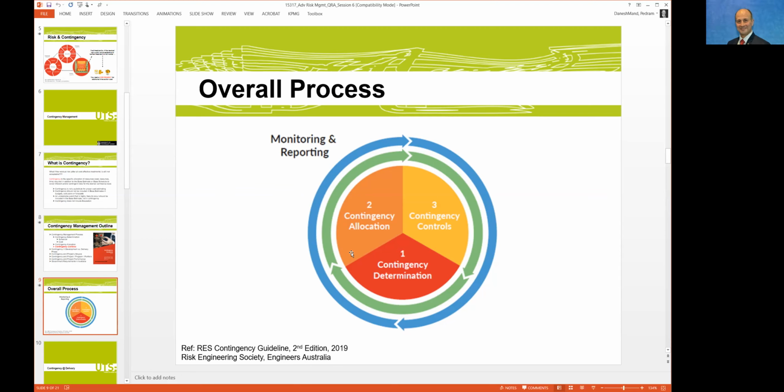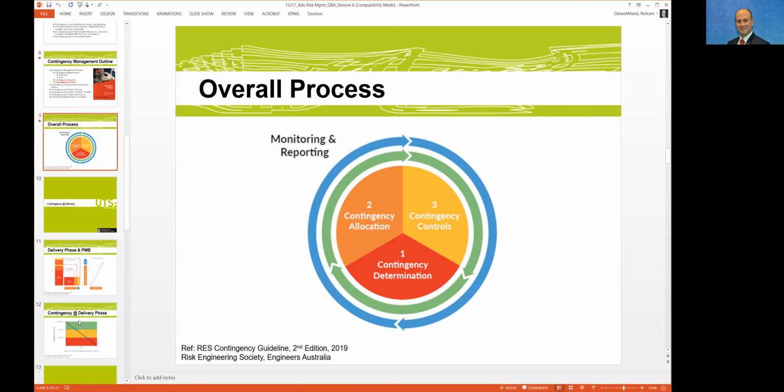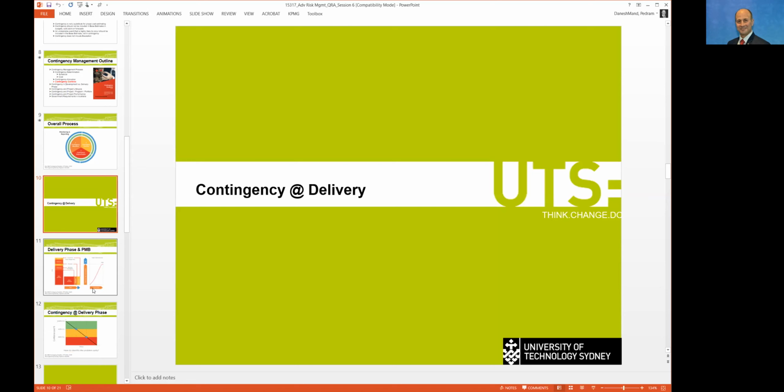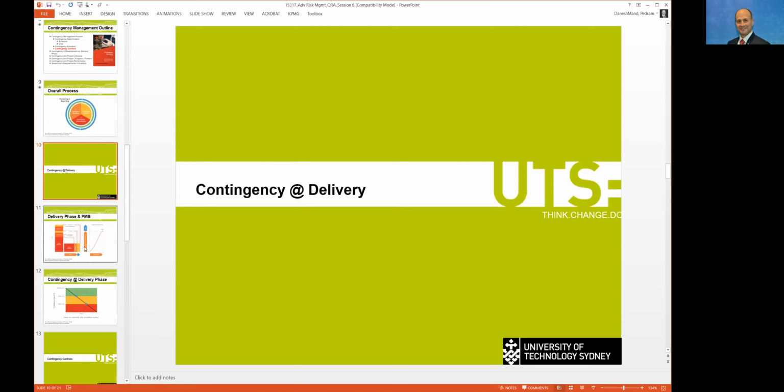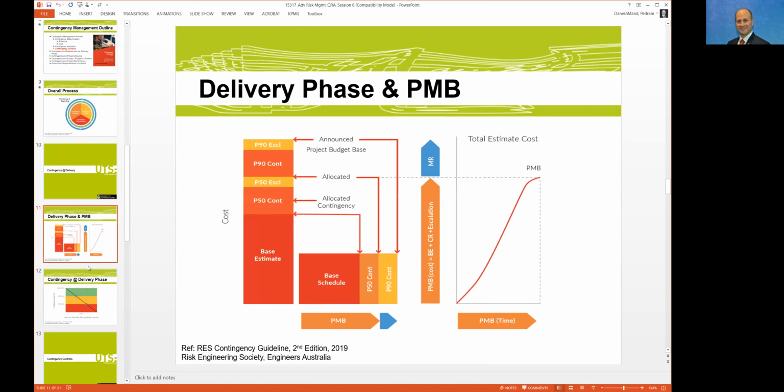So it's horizontally and vertically. But the key question is who owns how much, and where do you put that money or time? That's the whole purpose of allocation. And the last but not the least, which is the subject of today, is contingency control. And obviously we have the monitoring and reporting, which goes around a circle. On that brief introduction, let's have a look at contingency control.